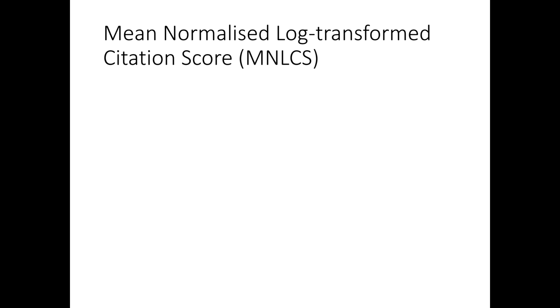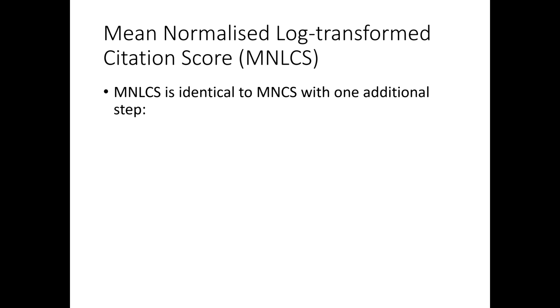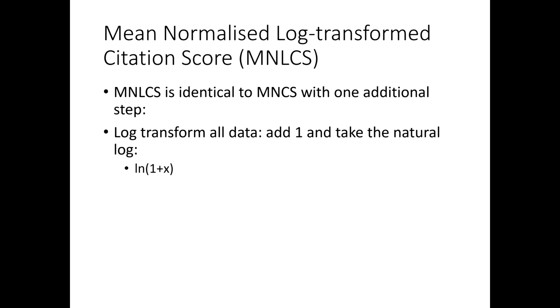So we're going to use the mean normalized log transformed citation score variant of MNCS, which includes the log transformation, as follows. The MNLCS is identical to MNCS, but has one additional step. We log transform all the data before we do any calculations, before we do any averages. So we add 1 to all the citations or altmetric scores, and then we take the natural log.